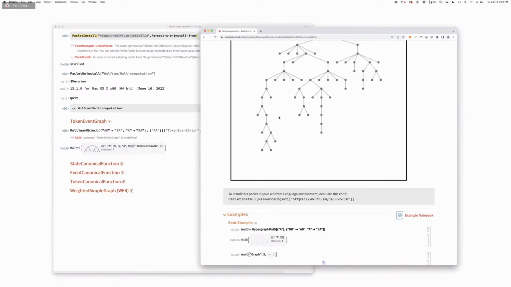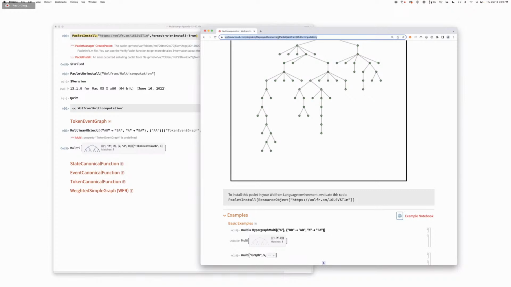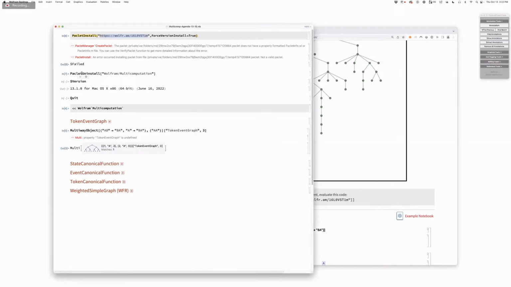You already went past the install line. Oh, it's the same link. You can try the same string to install it from the repository. No, I mean Wolfram/multicomputation. Just install it with the name, not the link.